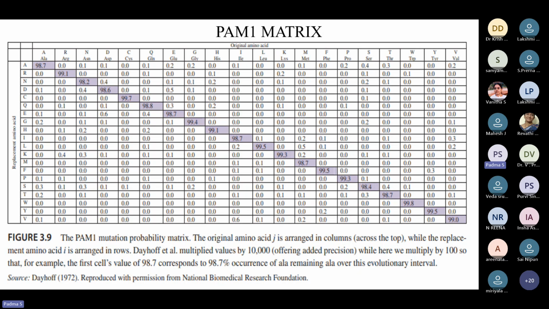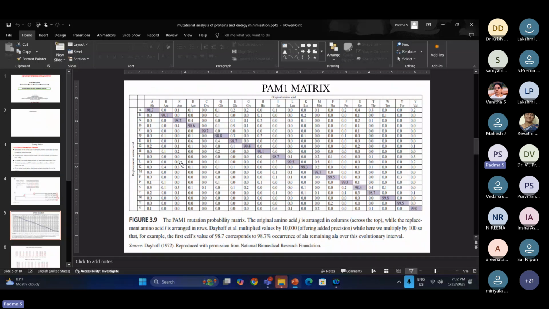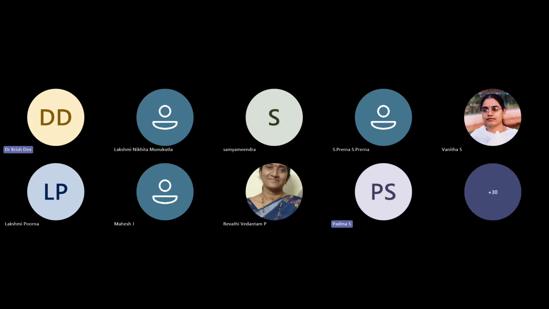And at the same time, if we want to see whether a particular amino acid is replaced, what are the possible changes which we can do for a particular amino acid. When you are working with a protein, you want to see what could be the replacement amino acid for that, and what would happen if you replace the amino acid.